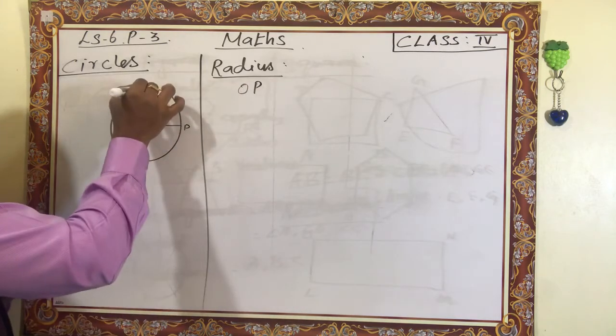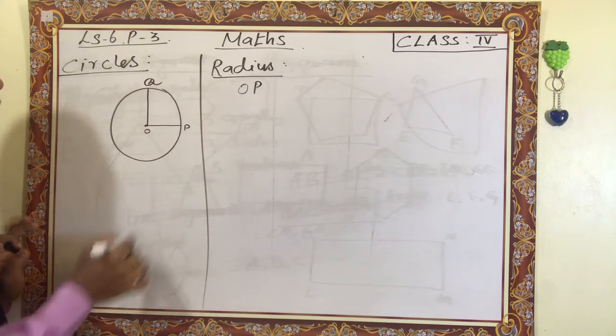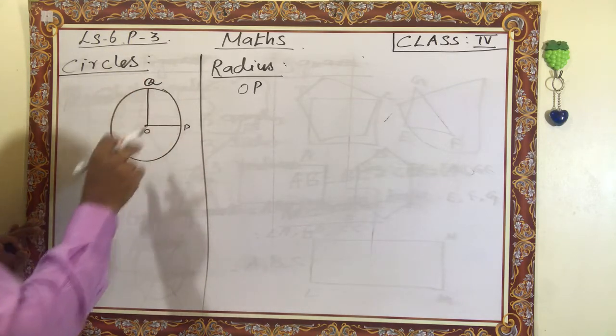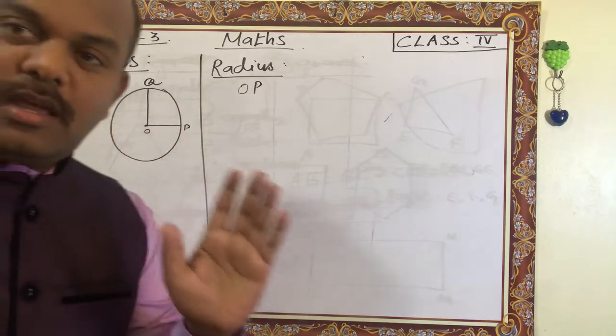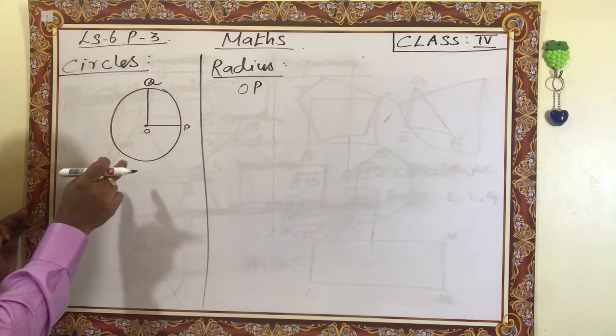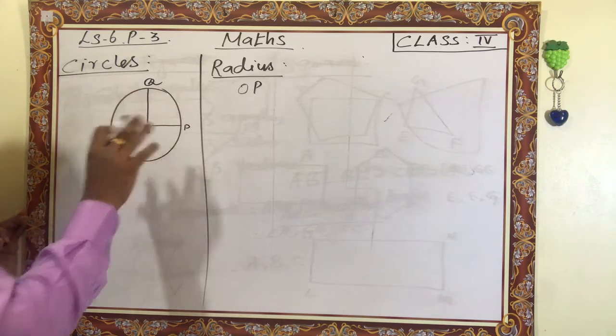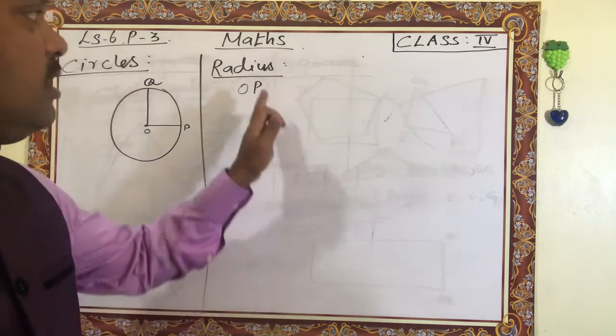One more radius I will draw, OQ. If you measure this OQ and OP, they should be the same, because it is a permanent distance between the center and the circle. This is called radius.